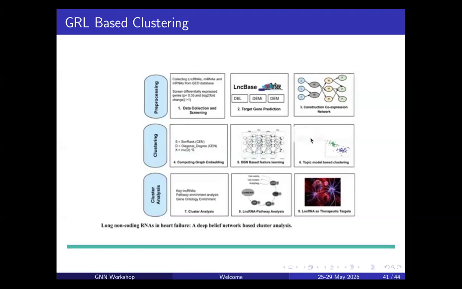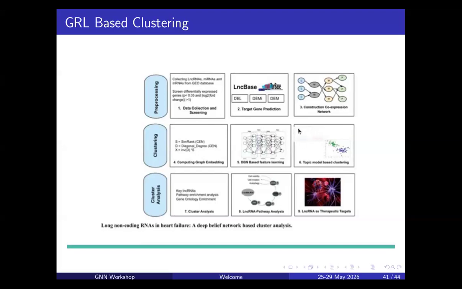So we did an analysis using clustering and identified the key lncRNAs in different clusters. And based on that, we got the final analysis. This is what we did with GRL, graph representation learning, for identifying long non-coding RNAs in heart failure.